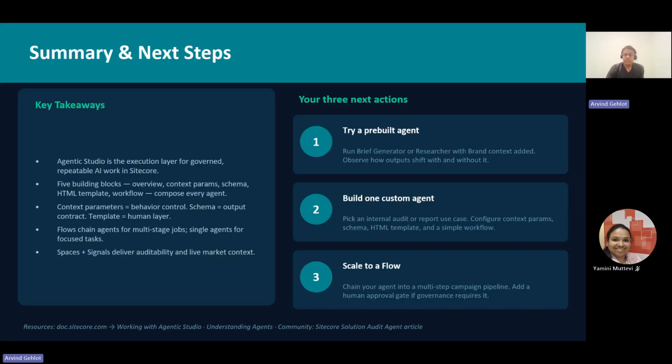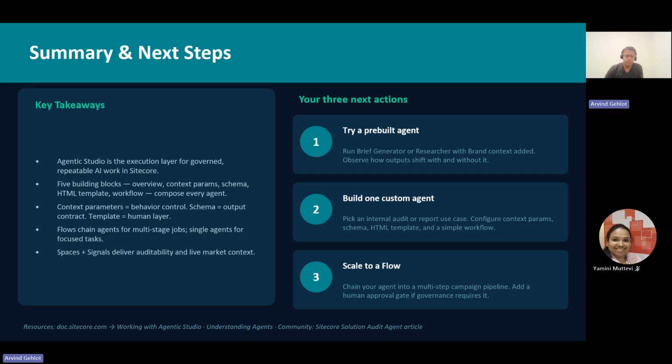To close, Agentic Studio is production ready for teams willing to invest in proper agent design, like context parameters, schema, templates, and workflows. These are the three actions I would give you: first, try before you build.